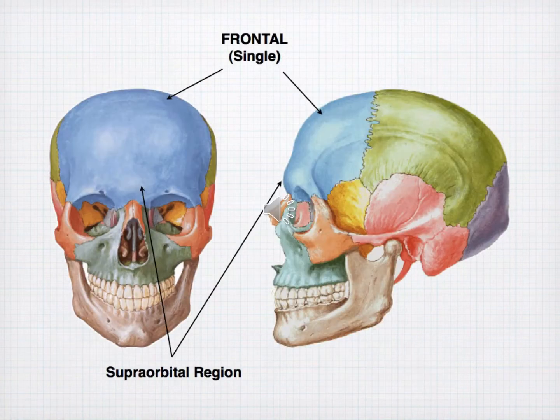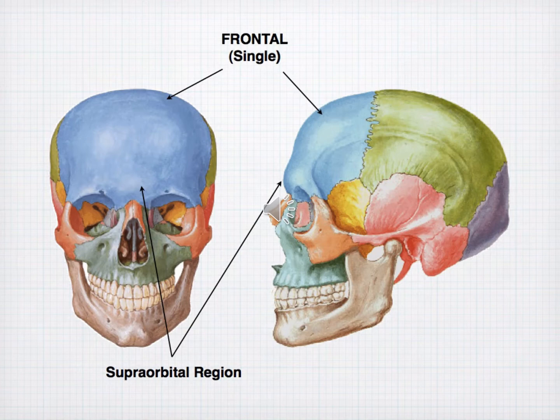The first bone I'd like to discuss is the frontal bone. The frontal bone is the part of the cranium that includes the areas of the frontal lobe. They make up the superior part of your eye orbits, and they extend all the way to the top of your forehead.